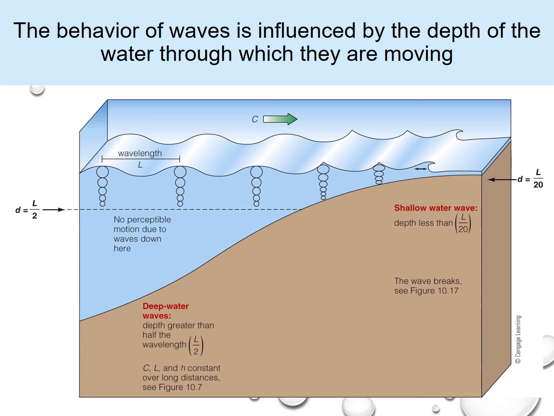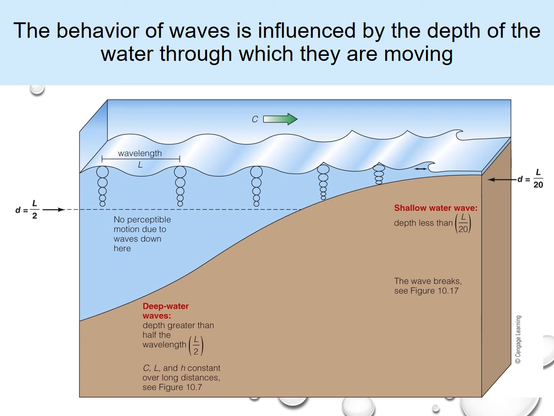And you can see it's written out at the bottom. Deep water waves, depths greater than half the wavelength. So the c is the celerity, the velocity, the wavelength, and the wave height is constant over a long distance.